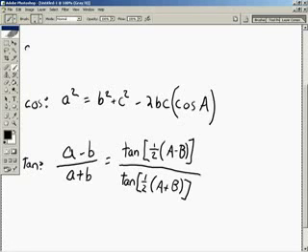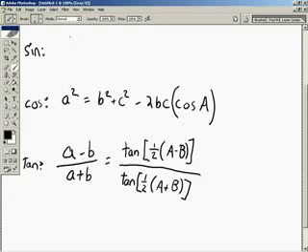And sine, do you remember what sine was, Heather? The law of sines for any triangle? It had two equal signs in it. It was something equals something equals something. I'll get you started.